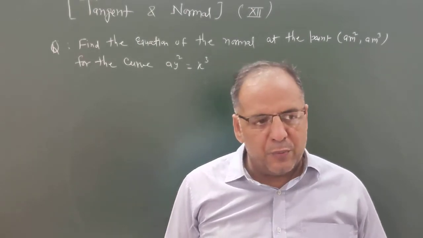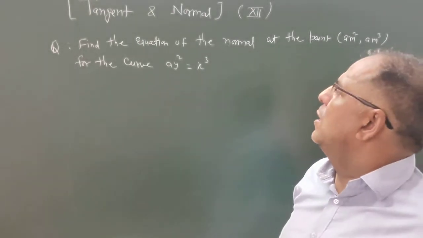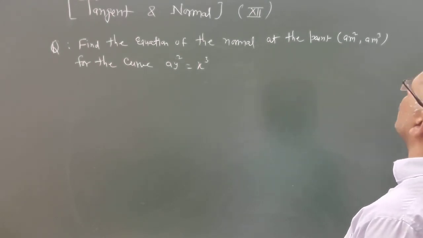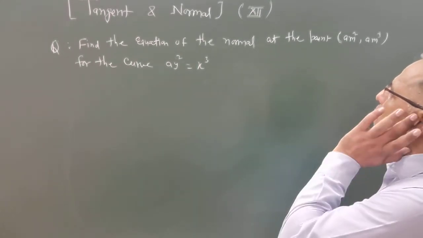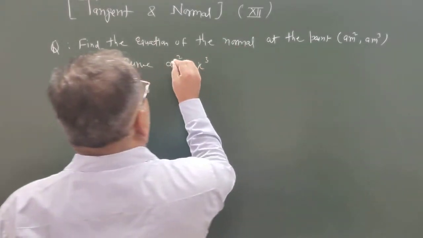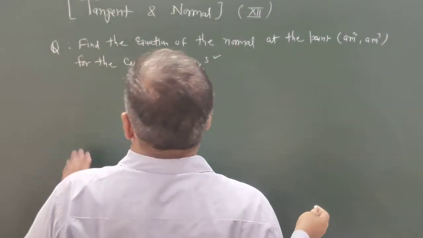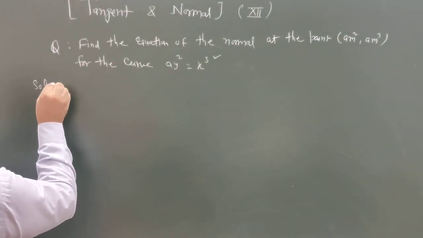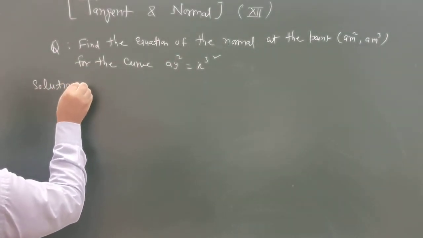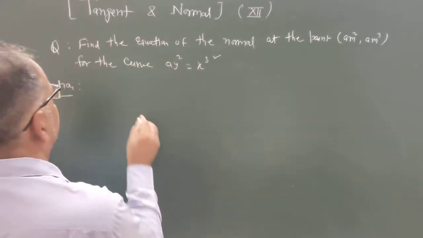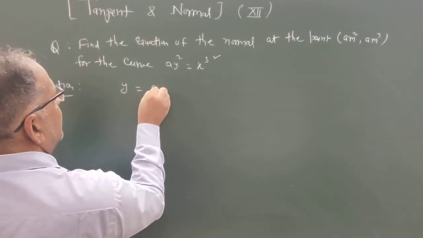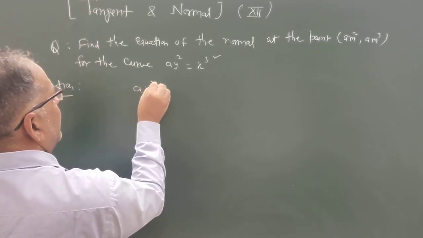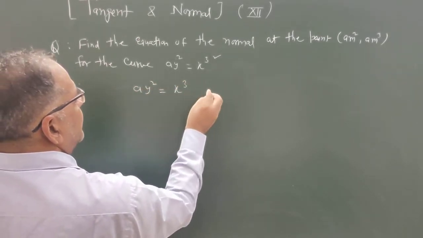Now I am taking one more problem based on tangent and normal. Find the equation of the normal at the point am square comma am cube for the curve ay square equal to x cube. So the equation of the curve is given, the point is given, and we want to find the equation of the normal. So first our objective is the slope of tangent, because the equation of curve is ay square equal to x cube.